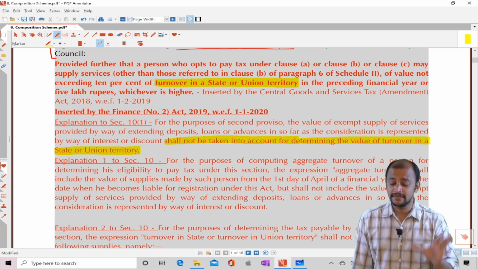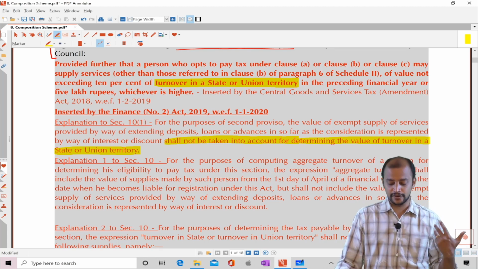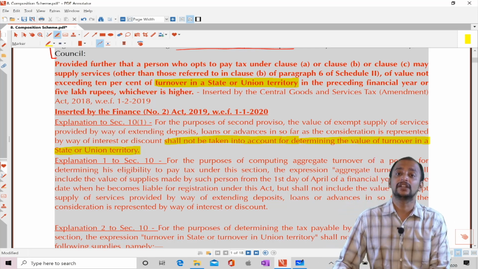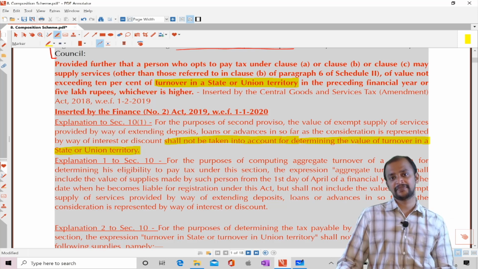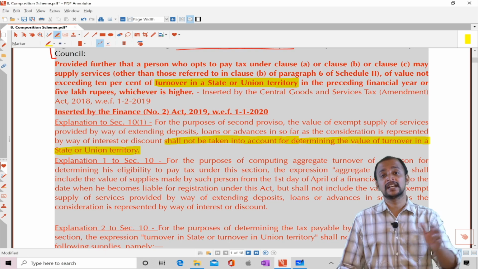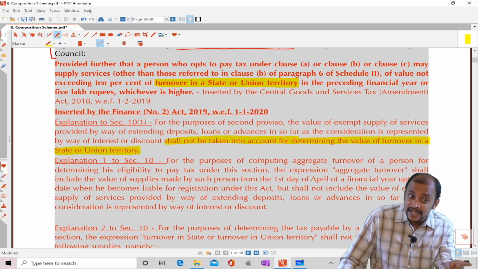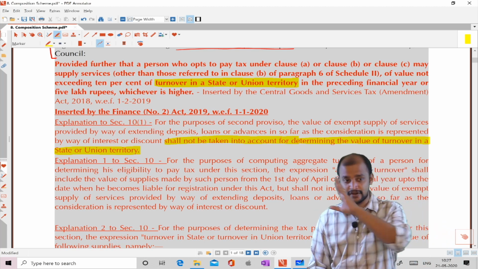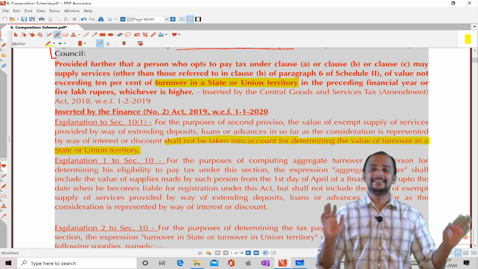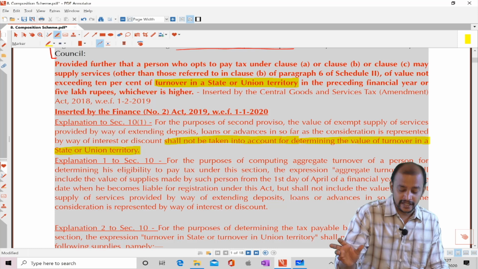May supply services of value not exceeding 10% of the turnover in a state or union territory in the preceding year, which means that services includes even exempted services. That service is not just taxable services, that service includes even exempted services. But if that exempted services is by way of interest or discount, that is loans, advances or deposits and interest or discount, then it will not be considered in that limit.